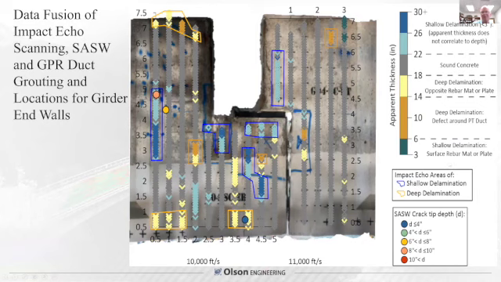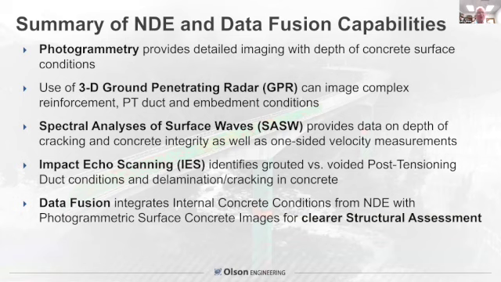So shifting gears from that, here's just a summary. Photogrammetry gave a detailed imaging of the surface. The 3D radar can image the complex, very complex in this case, reinforcement, post-tensioning duct, and metal steel plate embedment conditions. Surface wave gave data on the depth of the cracks and the integrity of the concrete, as well as providing one-sided velocity measurements.